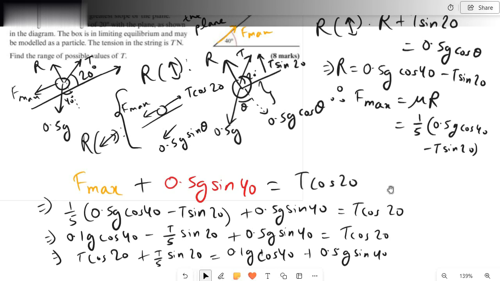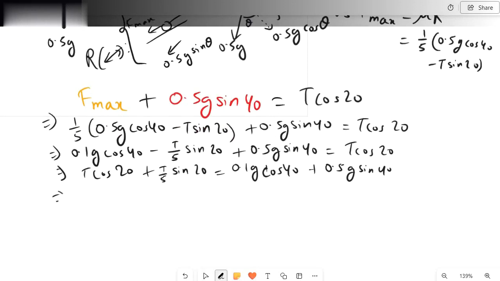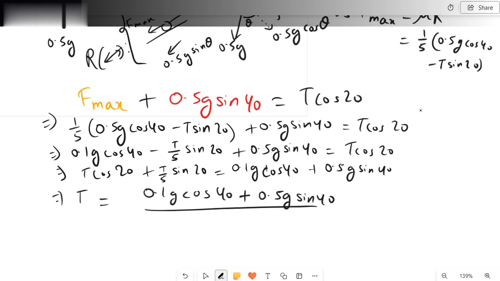So T is going to be equal to (0.1g cos 40 plus 0.5g sin 40) divided by (cos 20 plus 1/5 of sin 20), which is approximately equal to 3.87 newtons.